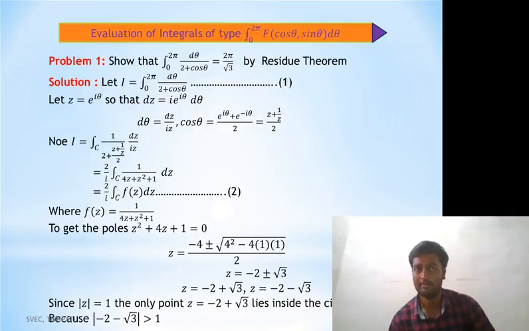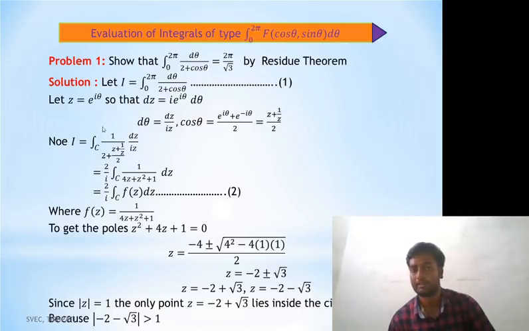See one example. Show that the integral from 0 to 2 pi of d theta by 2 plus cos theta equals 2 pi by root 3, by the residue theorem. Now directly substitute what is cos theta. That's all. z equal to e power i theta, dz equal to i e power i theta d theta, d theta is dz by iz. cos theta equal to e power i theta plus e power minus i theta by 2, so equal to z plus 1 by z by 2.